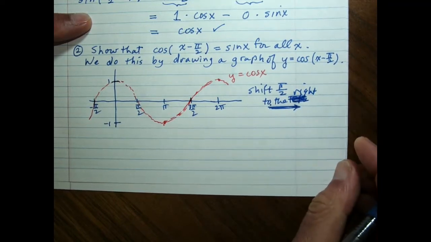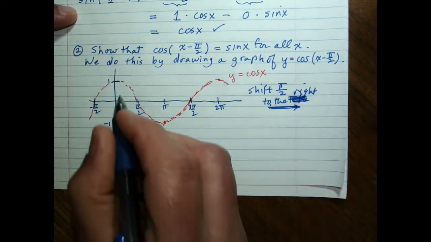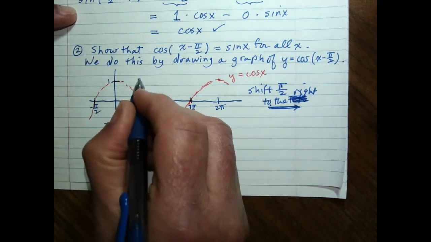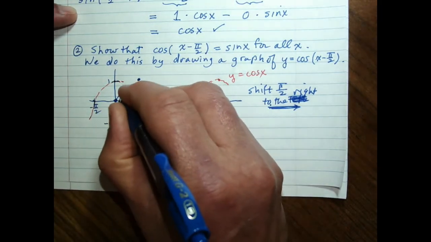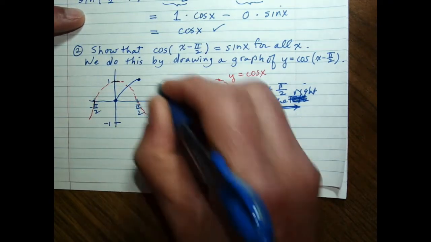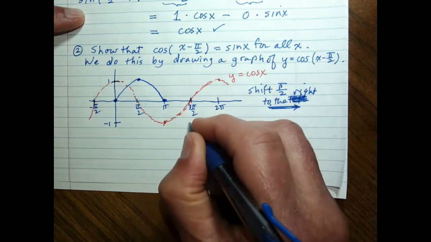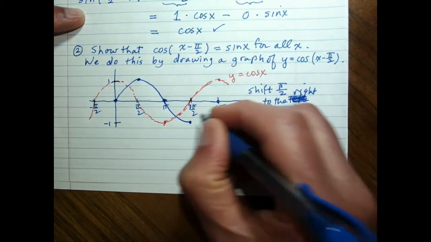Shift pi over 2 units to the right. And so what's going to happen? So this point here is going to end up here. This point, by the way, goes there. So I start out the graph like so. This point will shift pi over 2 to here. So again, by this point, this should be a pretty easy kind of transformation for us to make.